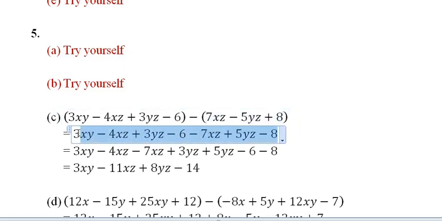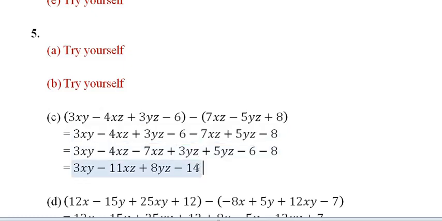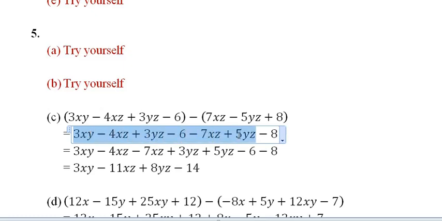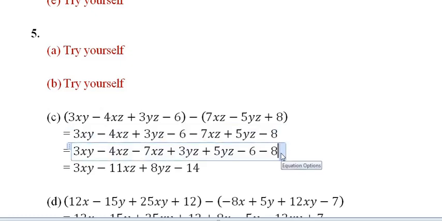Okay, so the term that you will write in the next line is 3xy minus 4xz plus 3yz minus 6 minus 7xz plus 5yz minus 8. Okay, now you have to arrange them in order so that you can perform mathematical operations.